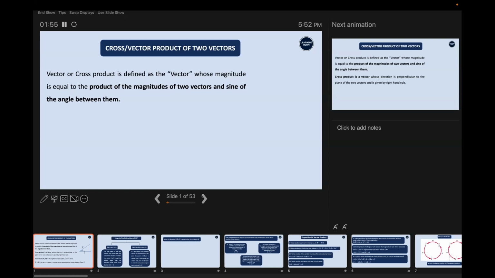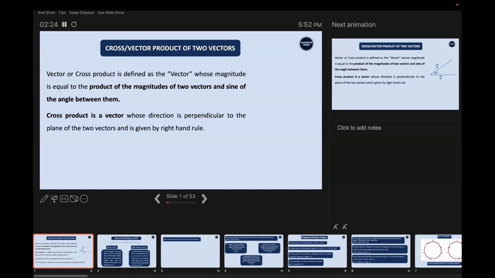So its magnitude is equal to the product of the magnitudes of two vectors and sine of the angle between them. When you talk about the dot product, you talk about cos of the angle between the given vectors. When you talk about cross product or vector product, you talk about the sine of the angle between the given vectors. So if you observe the diagram, it is going to look something like this.